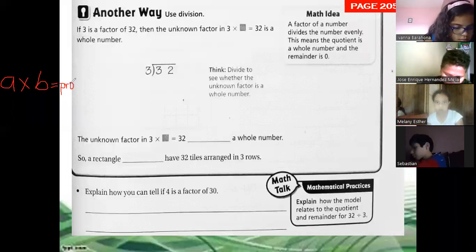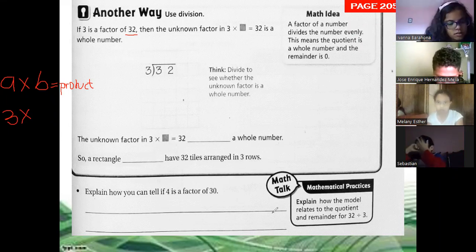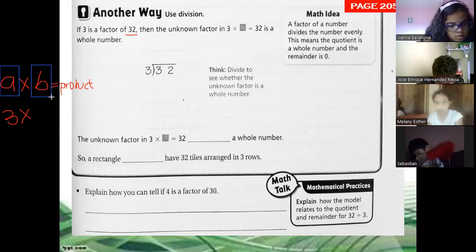So these are part of multiplication. Factors are A and B. Factors are this one and this one. Factor times factor equals product.